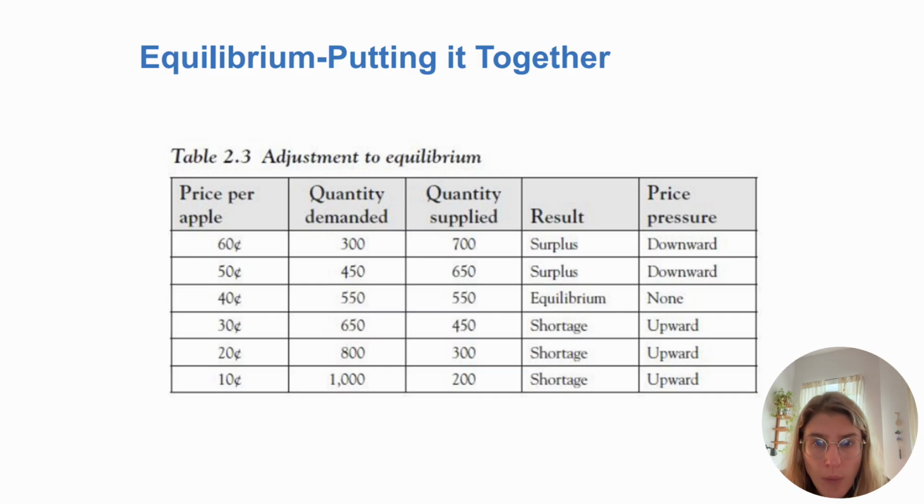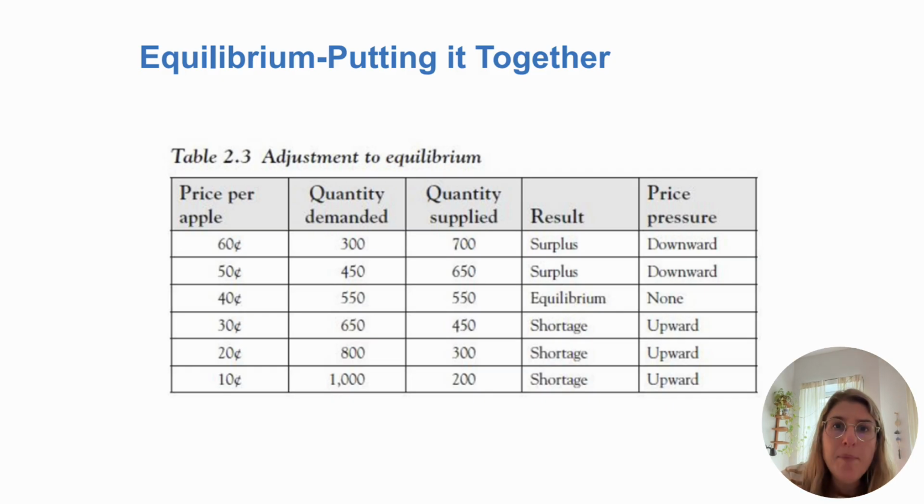Now, at low prices, say at 10 cents per apple, consumers want to buy a ton of apples, 1,000 apples. But suppliers don't want to produce that much because they're only making 10 cents per apple. And this creates a shortage, and shortages put upward pressure on prices because buyers are competing for too few goods.